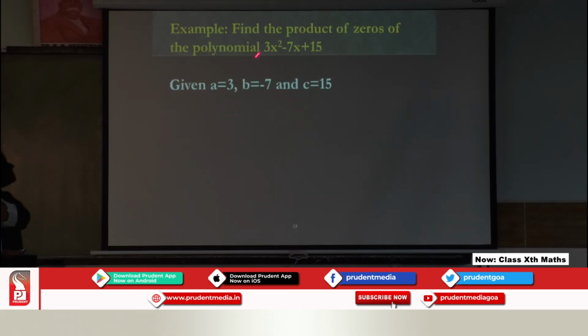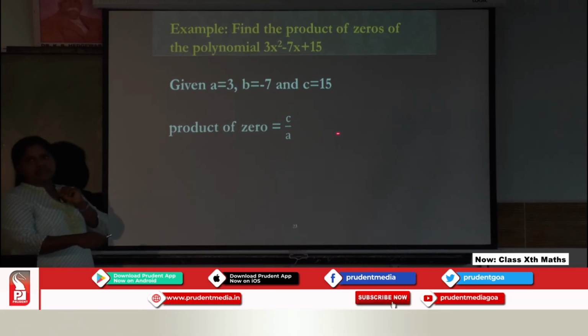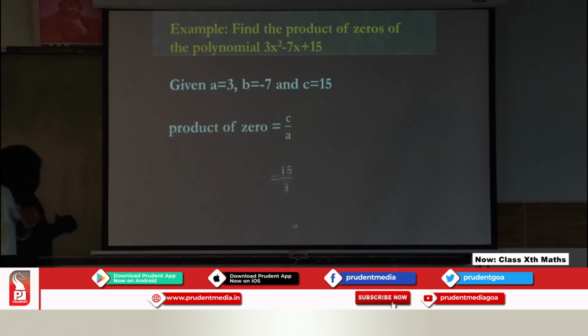We have a equal to 3, b equal to minus 7 and c equal to 15. Now, since product of zeros is asked, let us write the formula first. Product of zeros is c upon a. Let us substitute. c is given as 15, a is given as 3. So, 15 upon 3 is equal to 5.